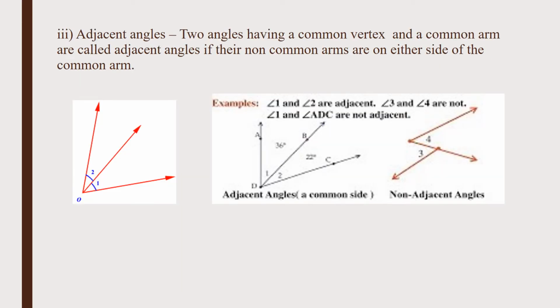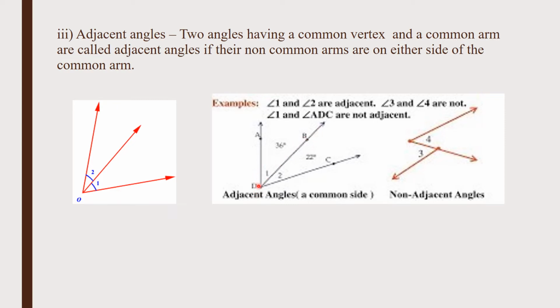Adjacent angles. Two angles having a common vertex and a common arm are called adjacent angles if their non-common arms are on either side of the common arm. In this example, we can see angle 1 and angle 2 are adjacent angles as there is a common vertex D and a common arm DB.